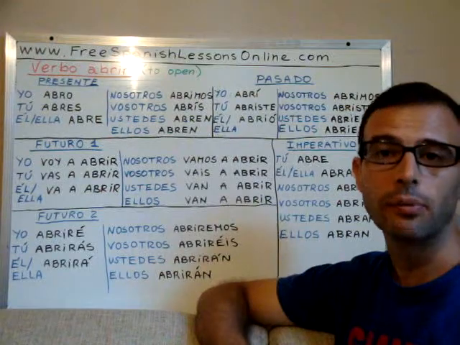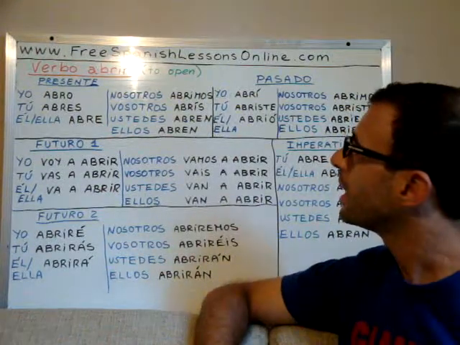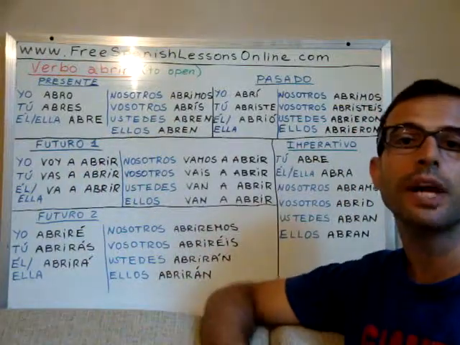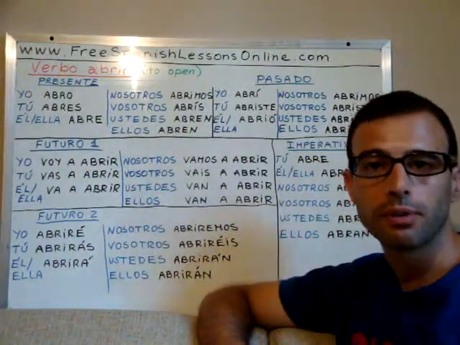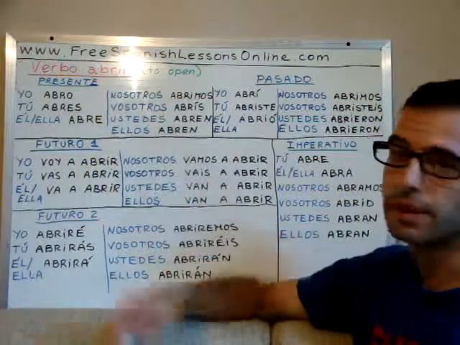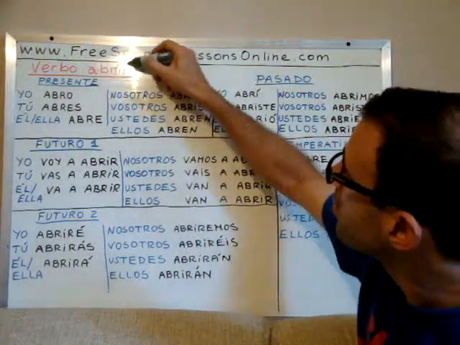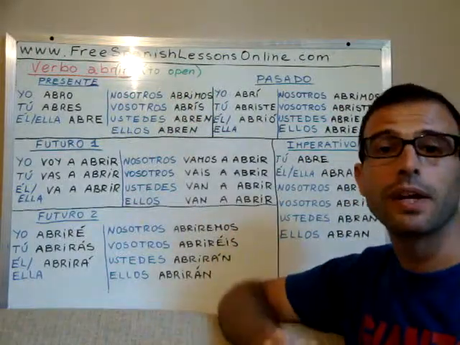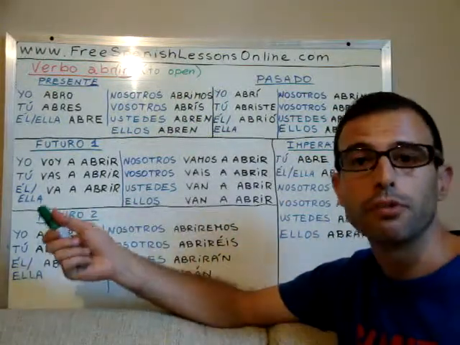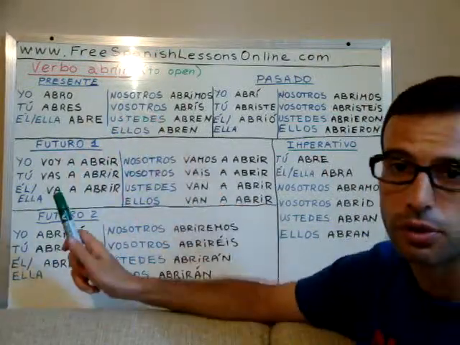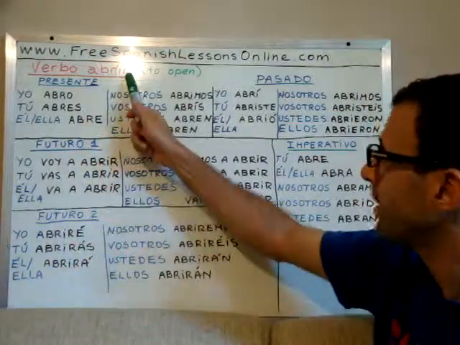However, abrir is a regular verb, and so it will help to see how to conjugate the other regular verbs that end in ir, okay? Remember that there is a different rule for conjugating the verbs in Spanish depending on which group the verb belongs to. So this one belongs to the verbs that end in ir.